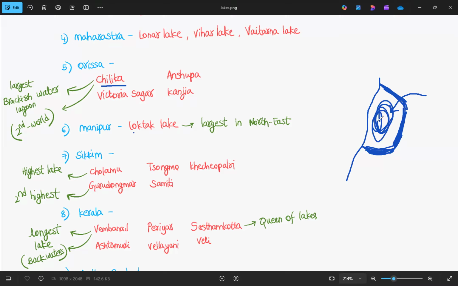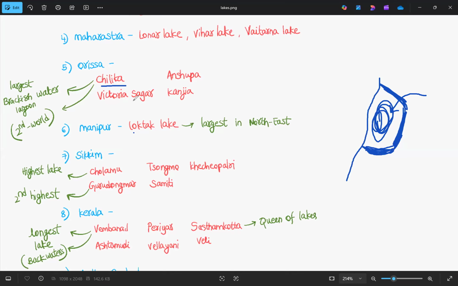So this is called a lagoon. Chilika is brackish water, and also a lagoon. It is the largest in India and second largest in the world. These are the superlatives of Chilika Lake.